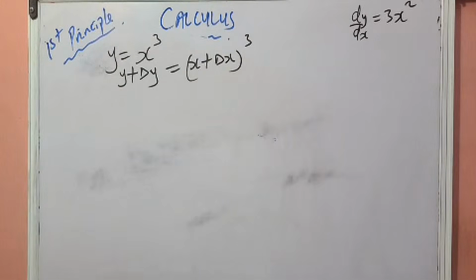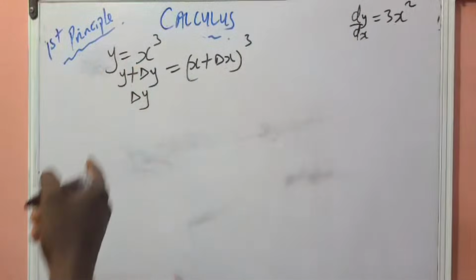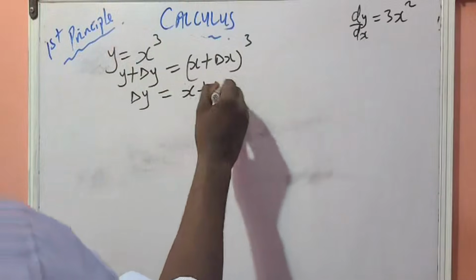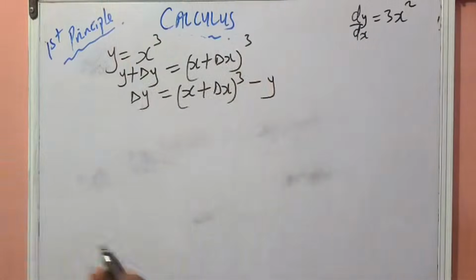All right, that's the very first step. Now, the next step is for us to make change in y the subject of formula, which will be equal to x plus dx raised to power 3 minus y. Do you see this? I just take the y to the other side.